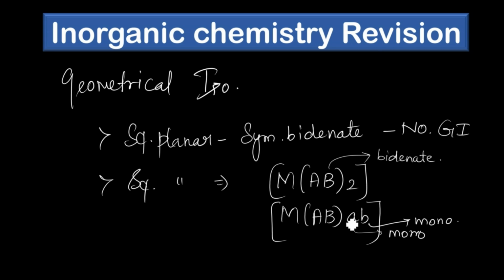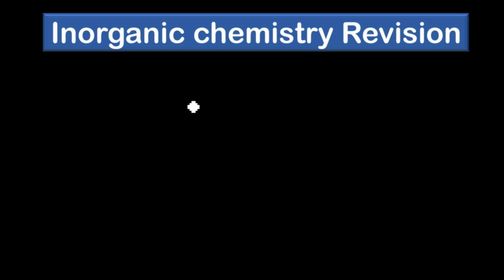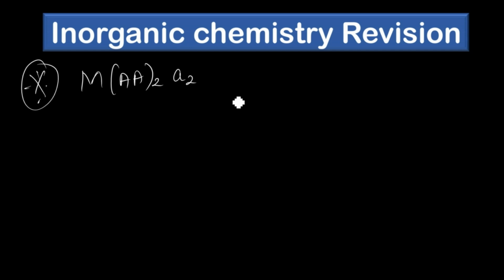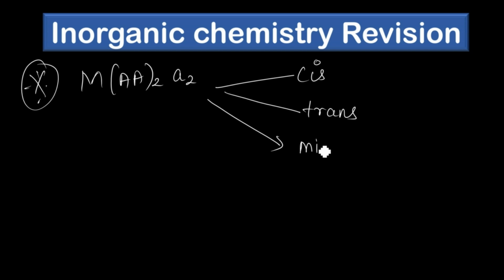So these two categories can exhibit geometrical isomerism. The M(AA)2 type, this is very, very important. This gives 3 stereoisomers: cis, trans, and the mirror image of cis.